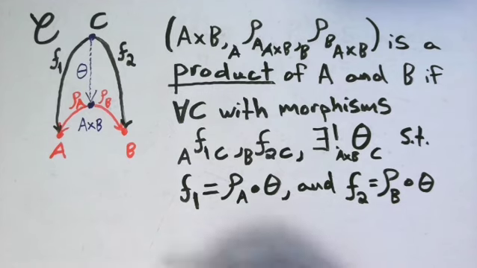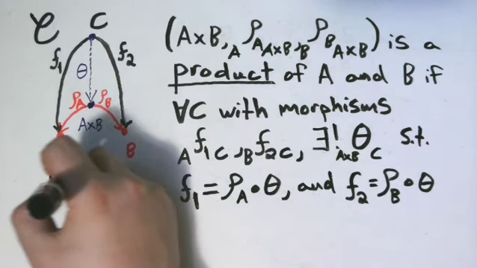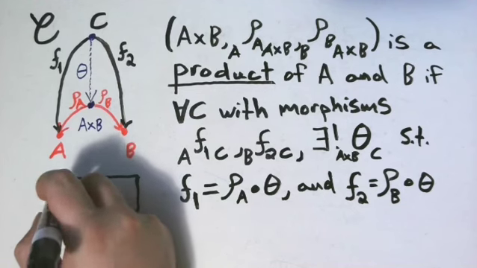Technically speaking, that's not quite correct, because in any diagram you can always implicitly refer to identity morphisms. So say we have our diagram here that has just the objects A and B in it.